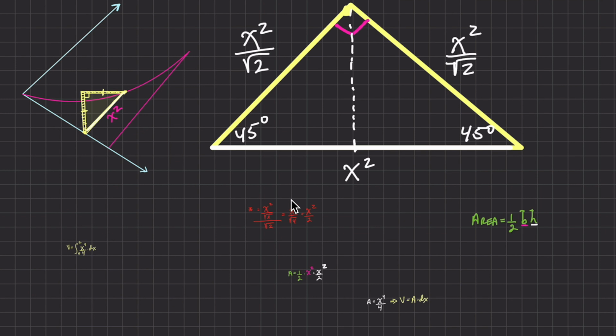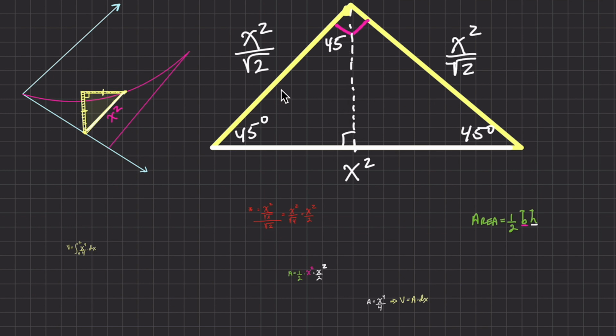Well, now we have, by dropping that perpendicular to get the height, we've created two new 45, 45, 90 degree triangles. So here's our 90 degree. This is 45. This is 45. Okay, so how are we going to get this height?